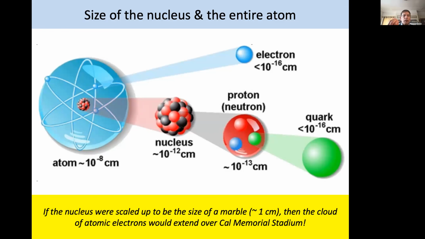The positive charge in a neutral atom is much smaller than that by another 4 orders of magnitude. And that tends to be on the order of, let's say, 10 to the minus 14 meters or 10 to the minus 12 centimeters. We name a convenient unit for measuring atomic nuclei as the Fermi, named after Enrico Fermi, which is 10 to the minus 15 meters or 10 to the minus 13 centimeters.